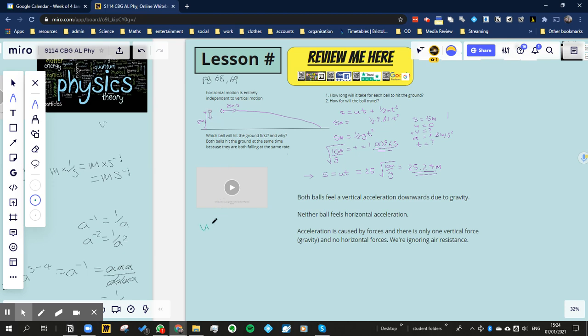So the initial velocity is 0. We don't know what the final velocity is, but we don't need to know it. So we're looking for an equation without v in it. The acceleration would be equal to g, the gravitational field strength. The time is what we need to know. So let's circle that.